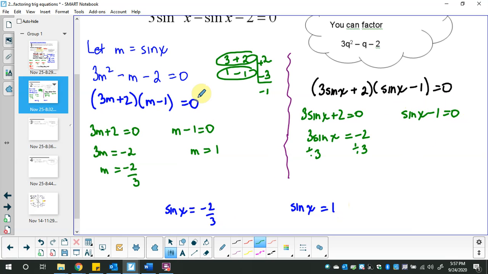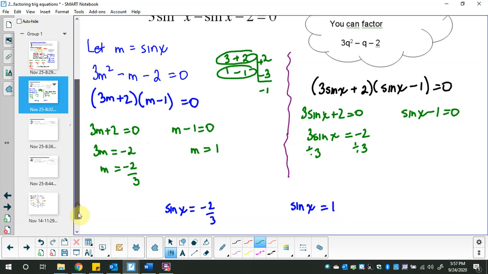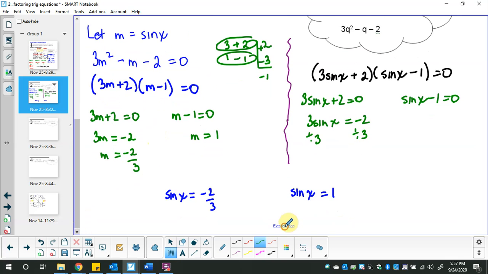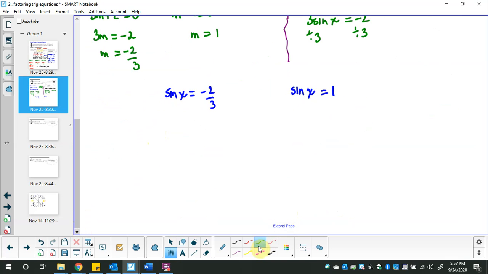So regardless of whether you use the replacement method or the I can see trinomials inside trig question method, you get these two answers. A textbook will likely not show you this method, mostly because it's a strategy, not a full-out method. Either way, you get these two blue statements, which are linear, and you have to decide if one or both of them are unit circle or one or both of them are cast rule.